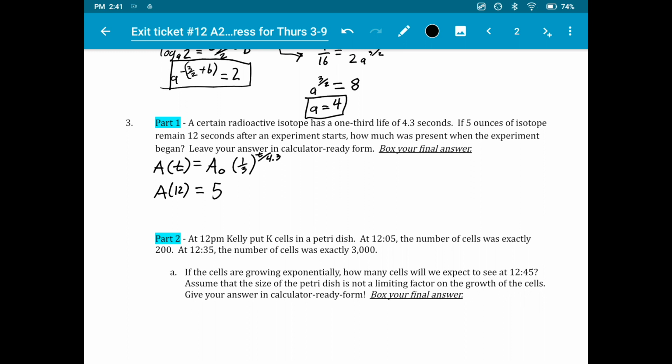So if A of 12 is equal to 5 ounces, we know that 5 is equal to A sub 0 times 1/3 raised to the 12 over 4.3. Or A0, our initial amount, is equal to 5 divided by 1/3 raised to the 12 over 4.3. And that is your answer.